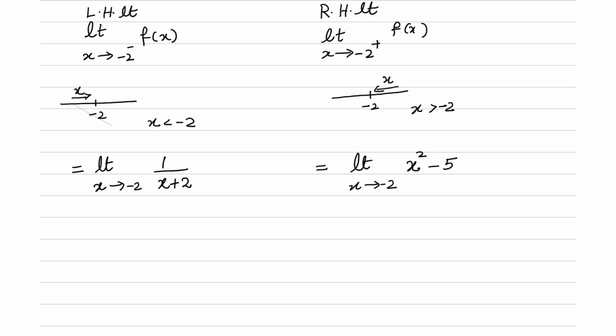Let's go back to the left hand limit. So x is approaching -2, 1 over x plus 2. Every limit question starts by plugging in the number directly, here -2. So when we plug the number -2 here, we get 1 over -2 plus 2, which is 1 over 0, which is infinity. Now we know the rule that whenever we get infinity or minus infinity, we split our question into two parts, left hand limit and right hand limit, and then we just decide on the sign of infinity.